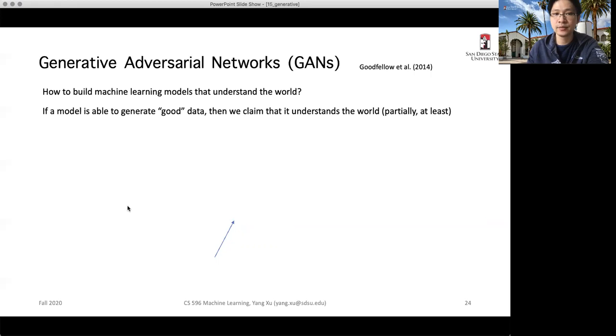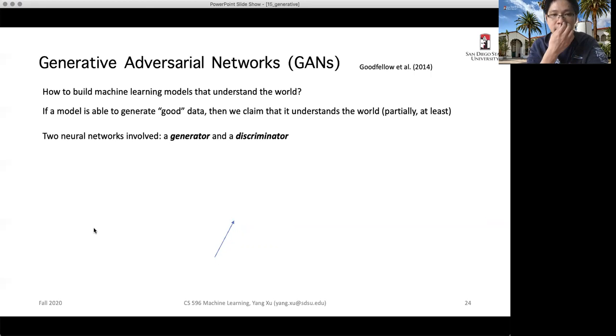They operationalize the verb "understand" such that if a model is able to generate some good data, then we can claim that it understands the world, partially at least.